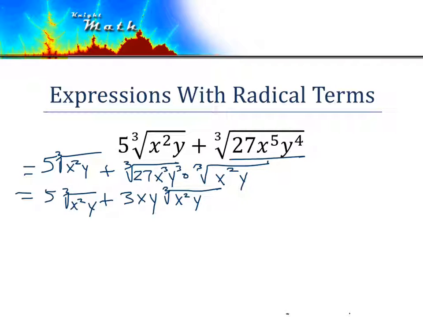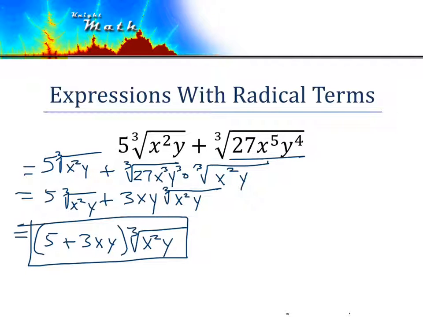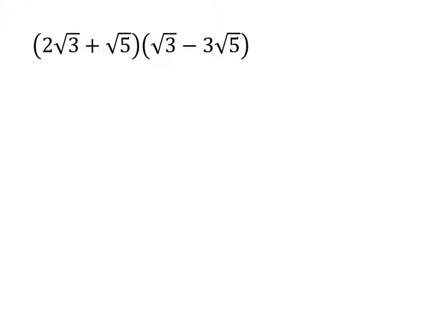Those don't really go together very nicely, but what we can do is pull out the x squared y, and we could do this. Okay, so this is a bit simpler because we've pulled out the radical there. So if that was our goal, we could do that. So in a way, it's simpler.